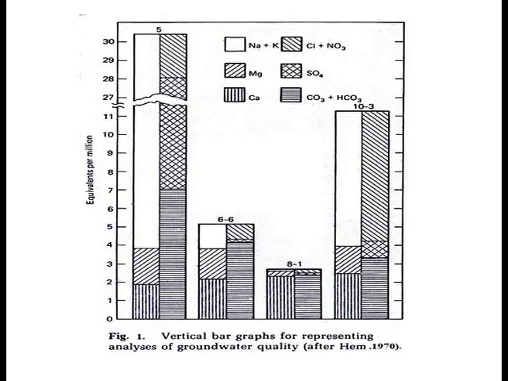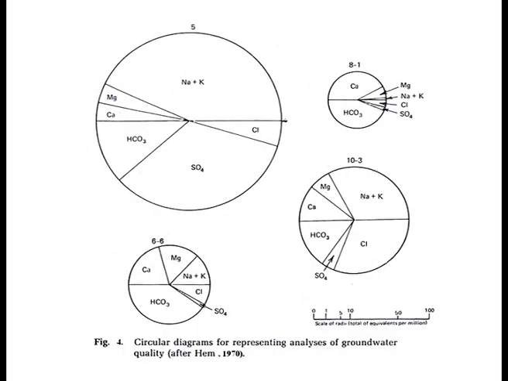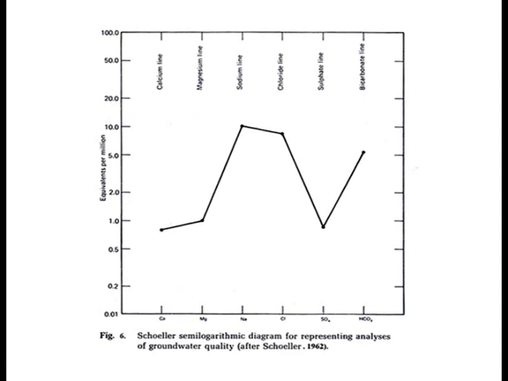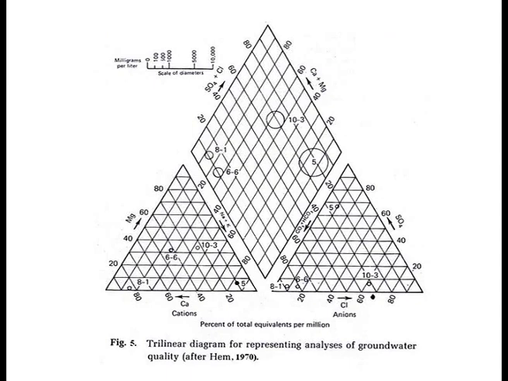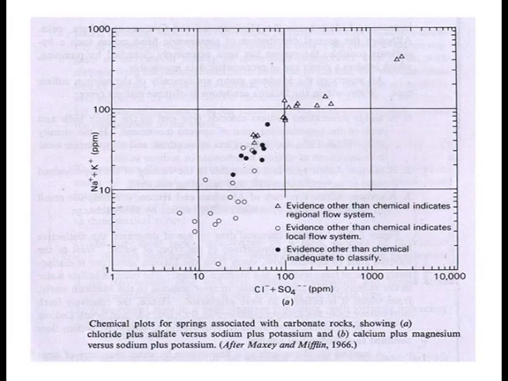These diagrams are the bar diagram or bar graph, second the vector diagram, third the circular or pie diagram, fourth the step pattern diagram, then the scalar semi-logarithmic diagram, the trilinear Piper diagram, the Durov and Zaporozec diagram, then the scatter diagram, and water quality maps.